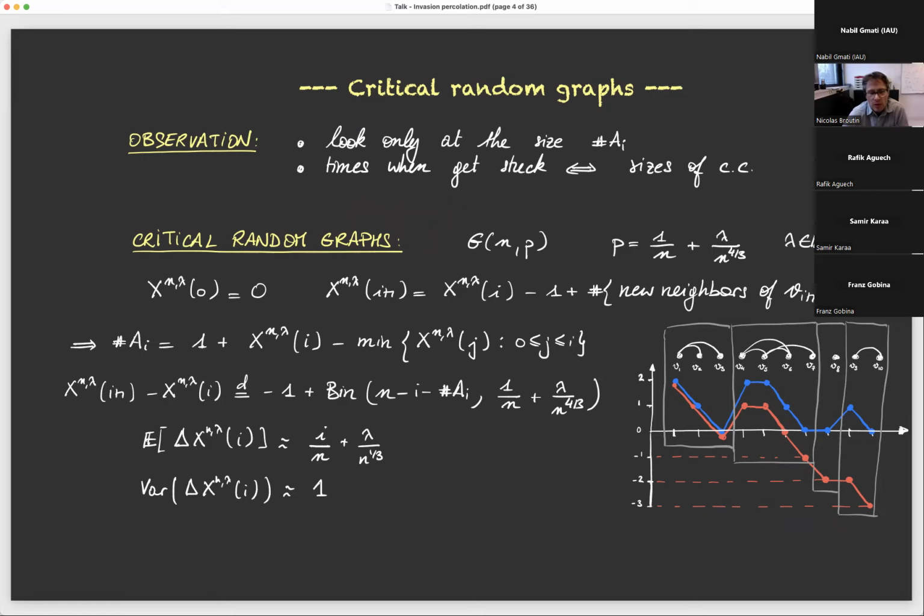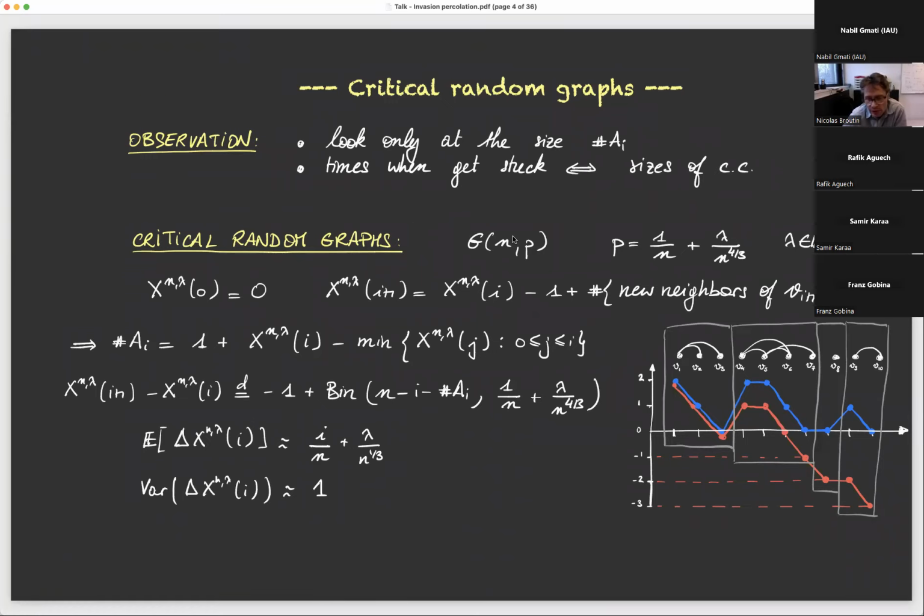So let's pull back a bit. The classical random graph, G(n,p), which has been introduced by Erdős and Rényi: you have n nodes, and between any two nodes, you put an edge independently of any other edge with probability p. This is G(n,p). It's been well known for a long time that when p is about c over n, for c lower than 1, you have very small connected components.